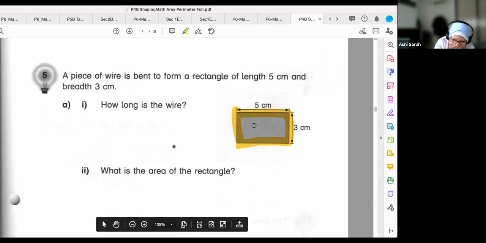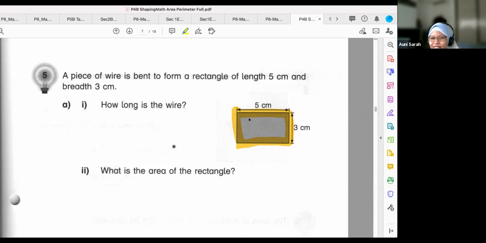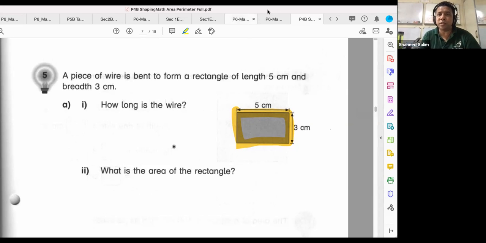Come on. Okay, here we go. This wire now, I'm going to unfold this wire. As I say, I'm going to use different colors. Okay, the original wire is like this. Imagine it's like that. This is the wire lah.